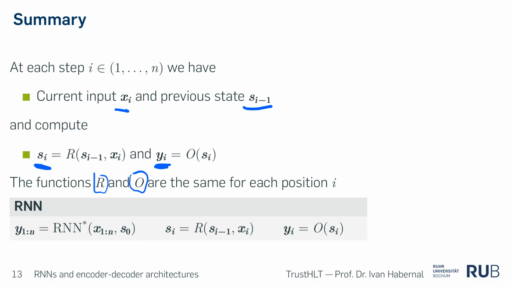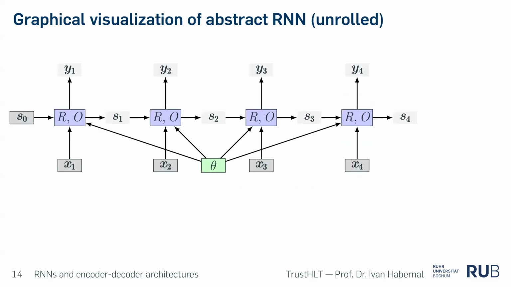And here are again the formulas. We talked about them already. So in this visualization, the only difference to what we had so far are the parameters. So what's the name of this fancy Greek letter again? Theta, yeah, theta. And theta is for parameters, typically in machine learning.